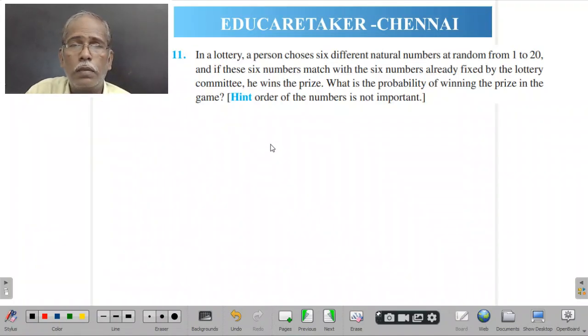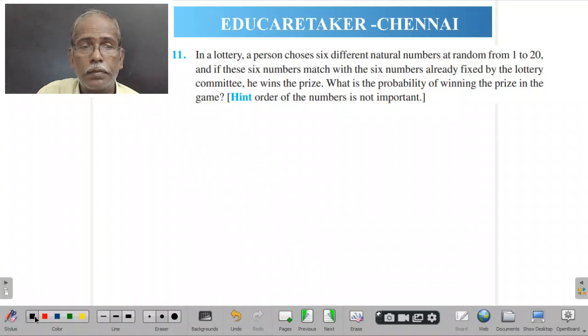Dear student, if you look at the question: in a lottery, a person chooses 6 different natural numbers at random from 1 to 20. If these 6 numbers match the 6 numbers already fixed by the lottery committee, he wins the prize. What is the probability of winning the prize in the game?